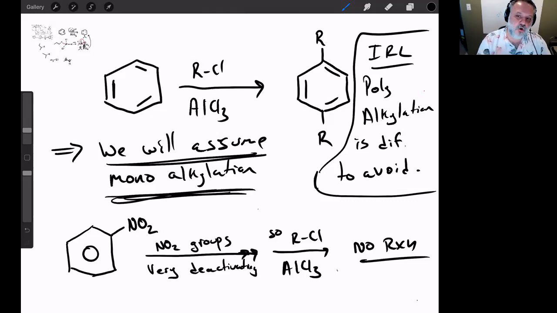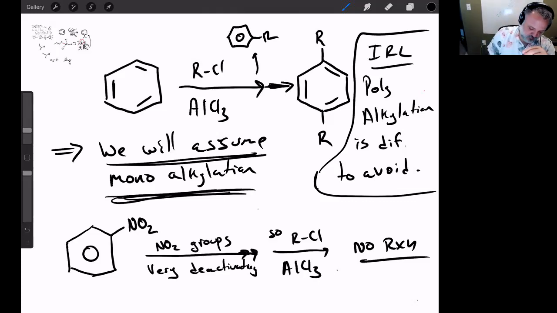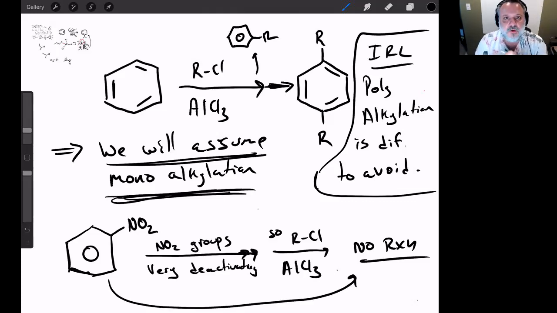So while I'm okay with allowing you to use this reaction to form a possible product that looks like this, even though we know in real life this is really what will be the major product, what I won't let you do is do an alkylation with something that has a nitro group on it, because it'll be too deactivated at that point. And so again, when I say activating and deactivating, I mean towards additional electrophilic aromatic substitution reactions.